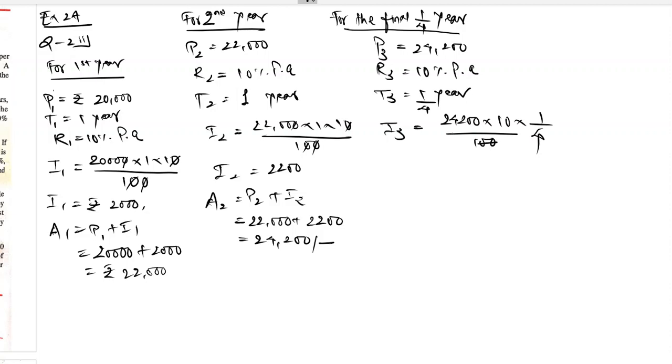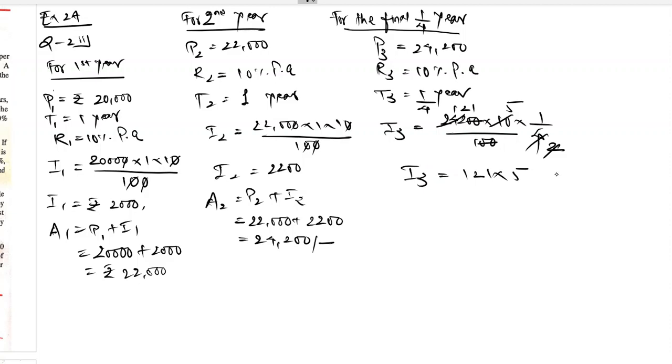So these two zeros will cut here right away. 2 twos are 2, 2 fives are 10, 121s are 121. So I3 will become 121 into 5.